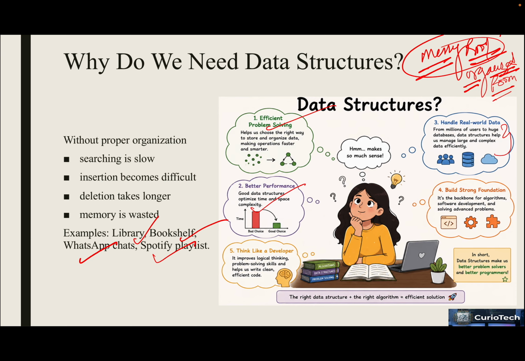From millions of users to huge databases, this data needs to be stored and managed in such a way that there is data efficiency. It doesn't get complex and it doesn't get bulky, right? Next is building a stronger foundation. It is the backbone of the algorithm and it makes you a good developer. If you have a better understanding of data structures, you become a better developer. In short, data structure makes you a better problem solver and a better programmer, right?